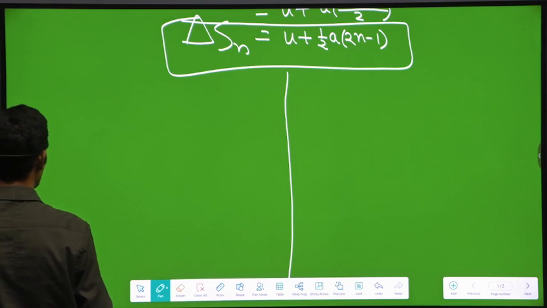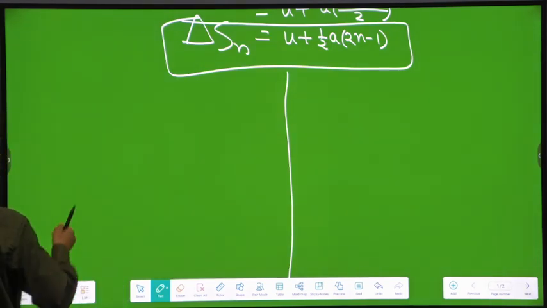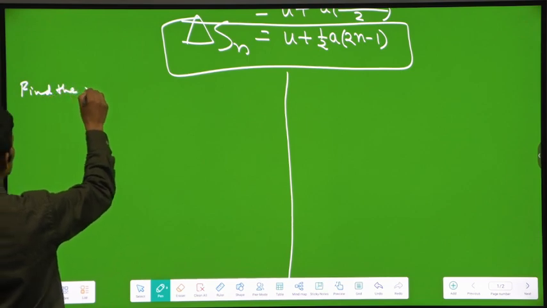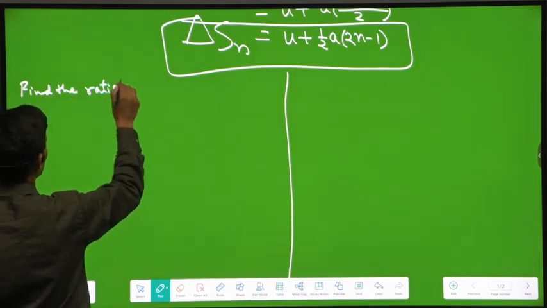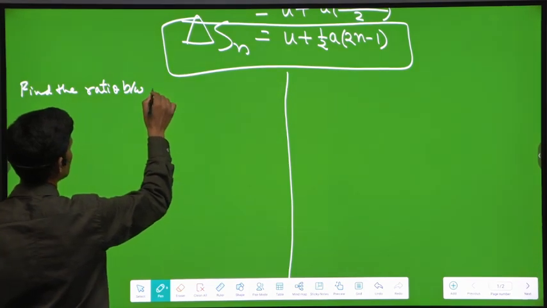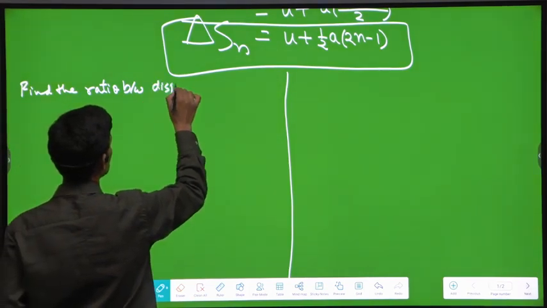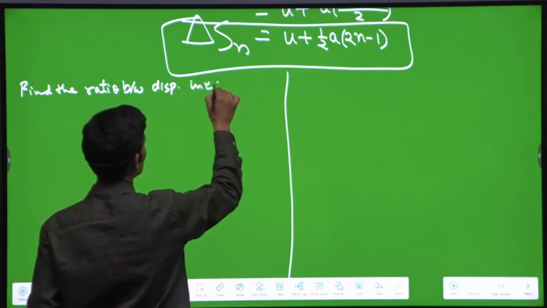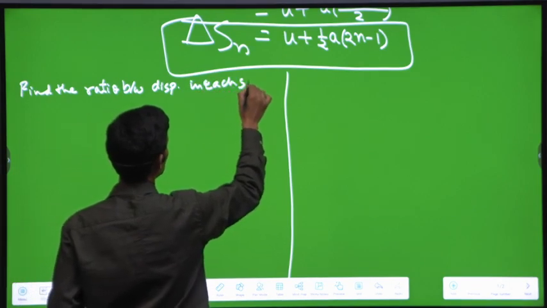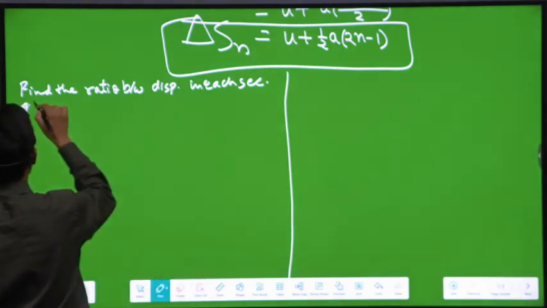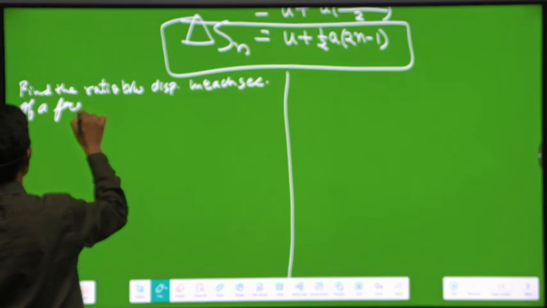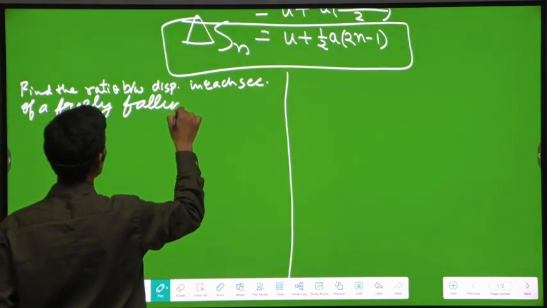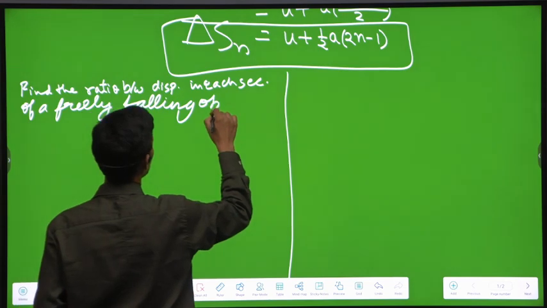So the first thing is, find the ratio between the displacements in each second of a freely falling object.